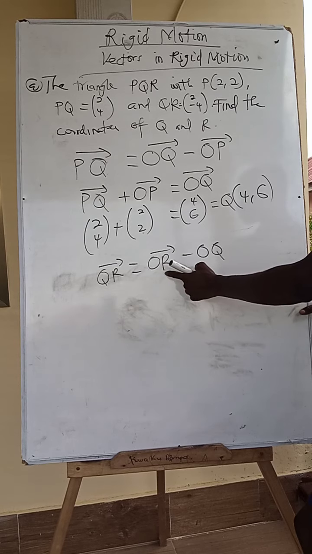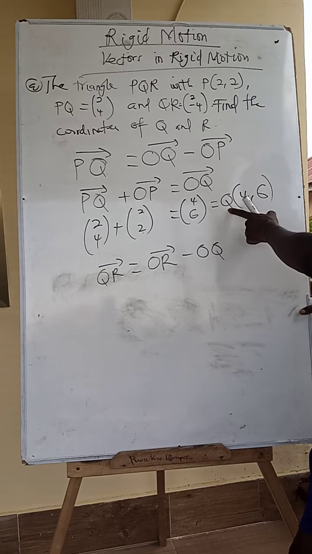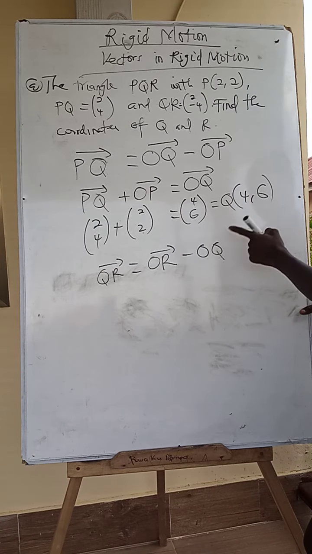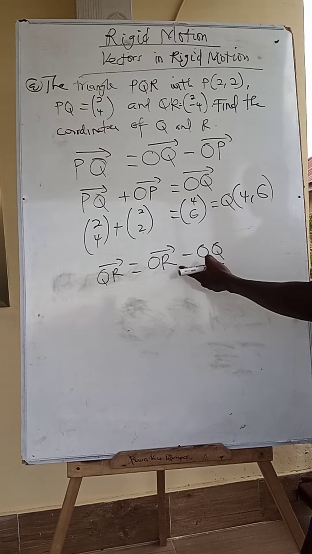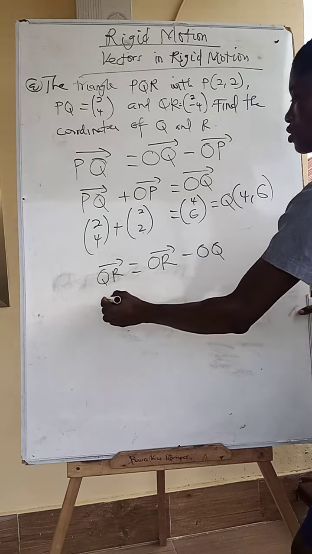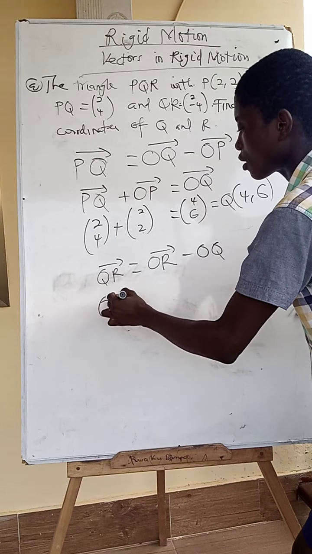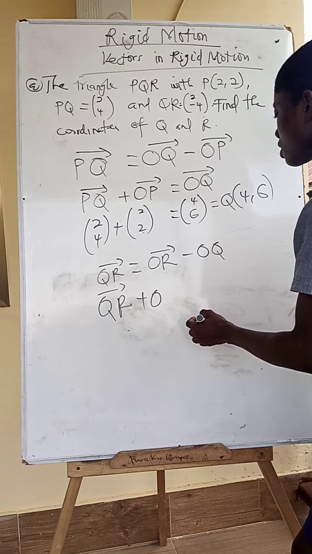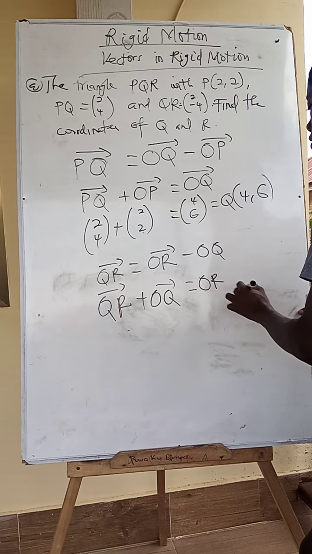Now I want to find R. Don't forget, we've been able to find Q. If you don't find Q, you cannot find R. So if you want to find R, we are just taking this Q to the other side. Our QR is negative, so if it crosses the sign, according to the law of mathematics, it becomes positive, and this is OR.